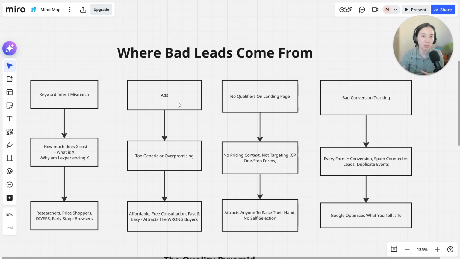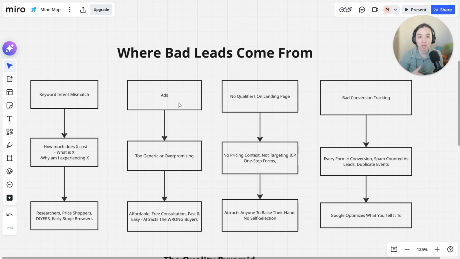So if you're just copying what your competitors are saying, or you're just using generic prompts in ChatGPT to help you come up with ad copy, you definitely want to rethink your approach and rework your responsive search ads, headlines, and descriptions to speak more towards your ideal customer's persona, pain points, and move it away from just generic messaging.